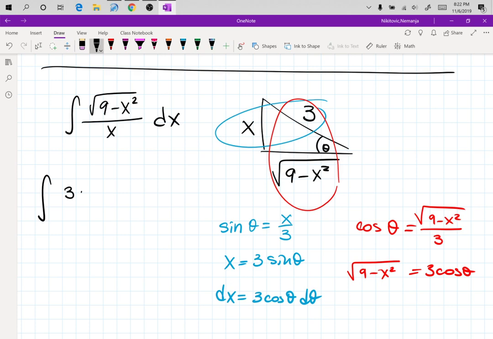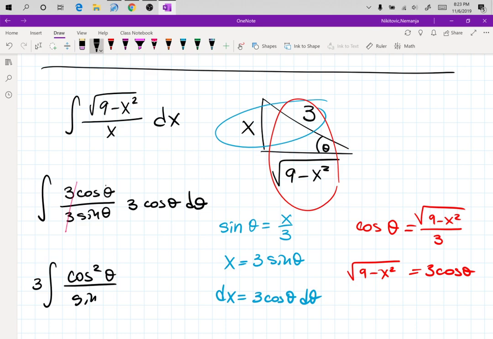Now we go and swap everything. Square root is 3 cosine theta. X is 3 sine theta. And dx is 3 cosine theta d theta. 3's are cancelled, and that's it. So now I have 3 integral of cosine squared theta over sine theta d theta.